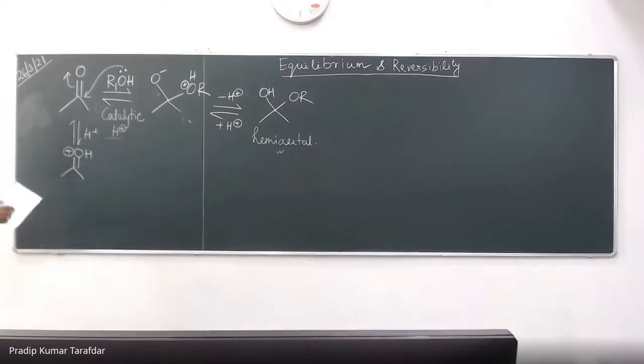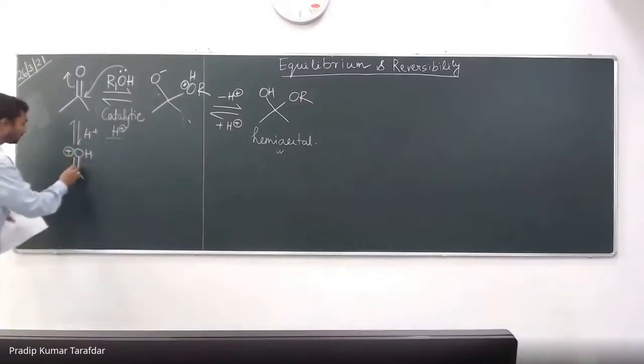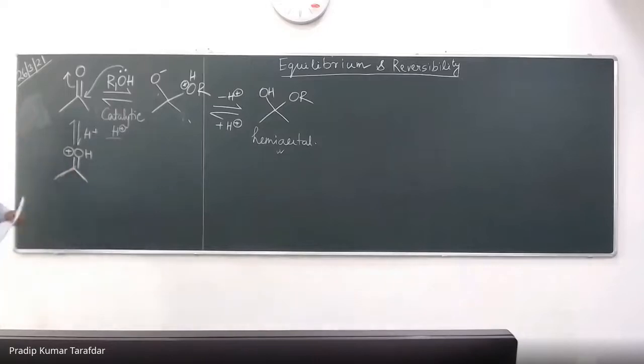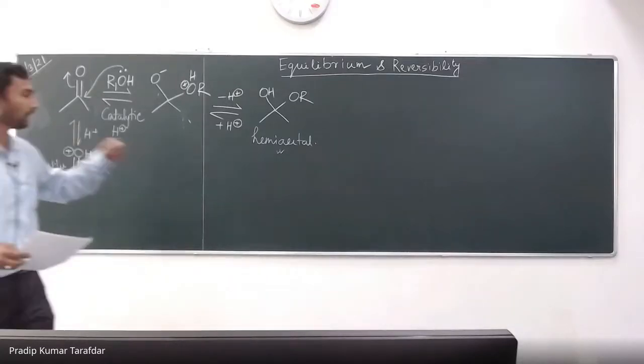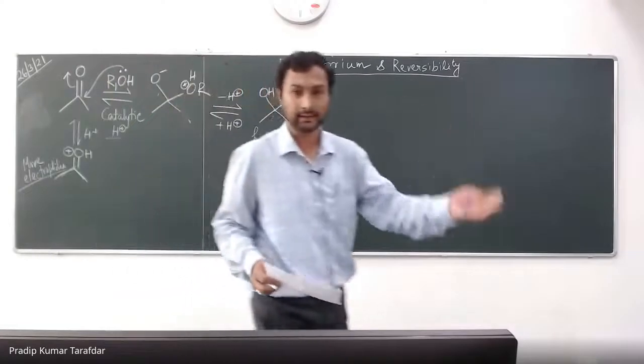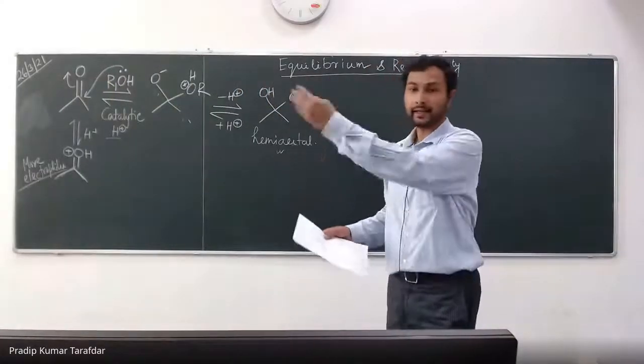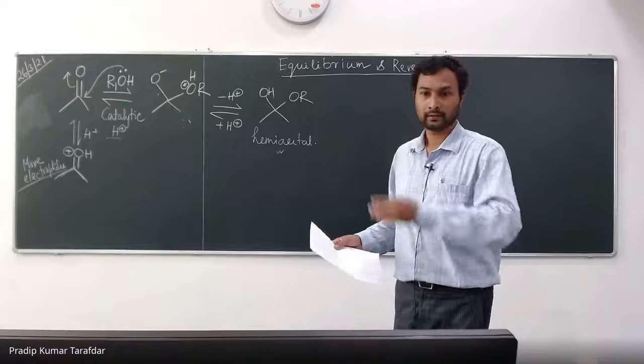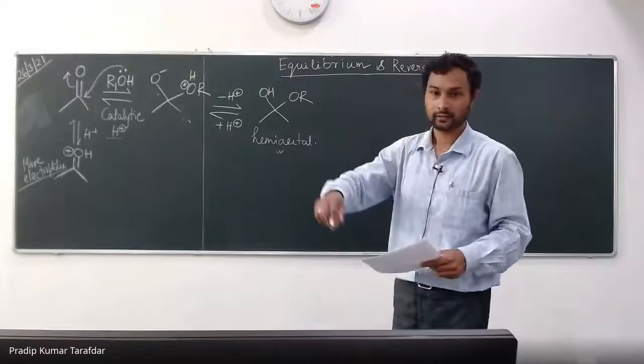This is some oxonium ion, which has more electrophilic character. Since its pi star energy is down, this is more electrophilic. It acts as a good electrophile. So that we have seen. So that means what we learned is that hemiacetal to aldehyde and alcohol is easy. Very easy.